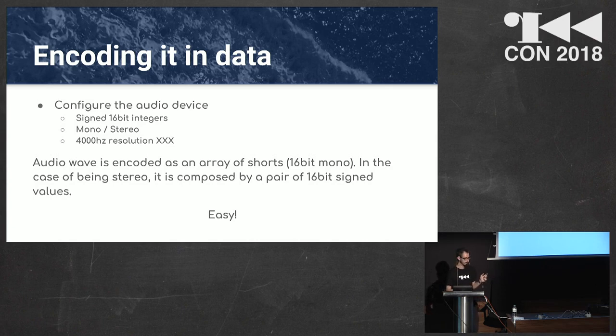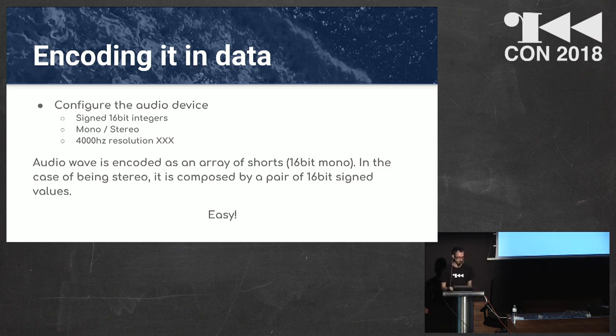And this signed value specifies the y value inside the representation of the wave. And the offset inside the memory represents the x axis. If we specify mono or stereo, mono will be one value after the other. And in stereo, we will have left channel, right channel, left channel, right channel. And then if we read all the values, we will see how the wave is represented.